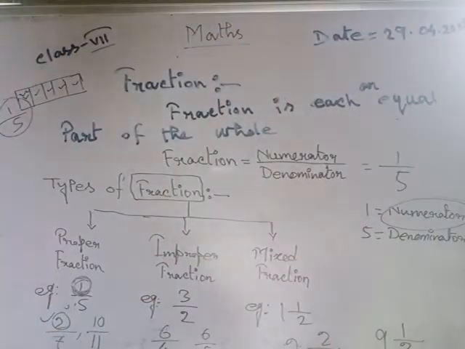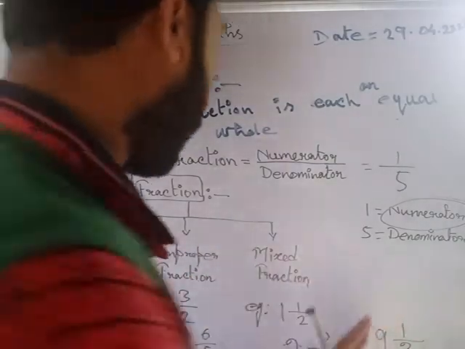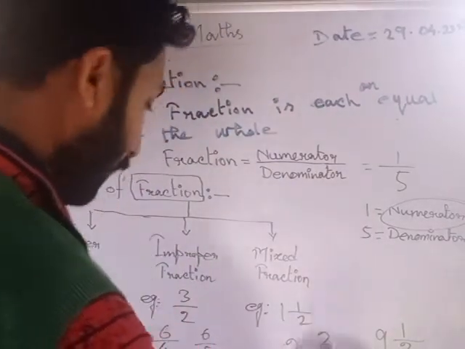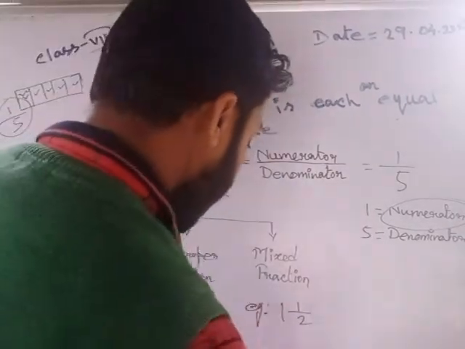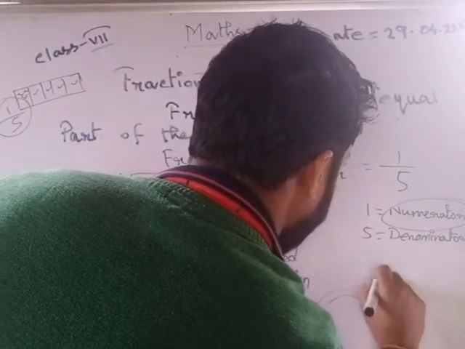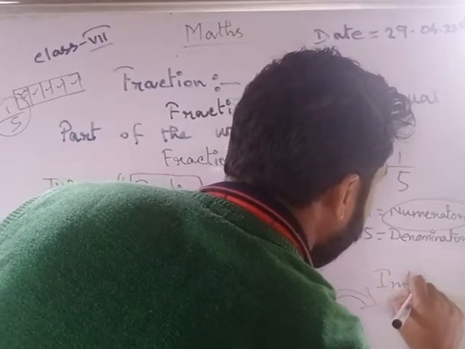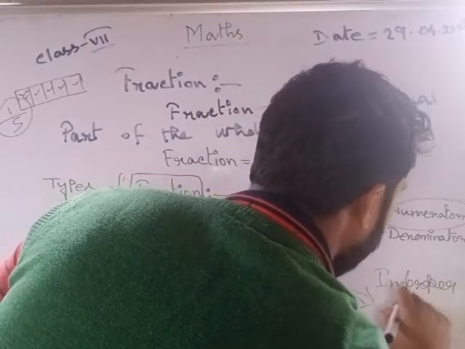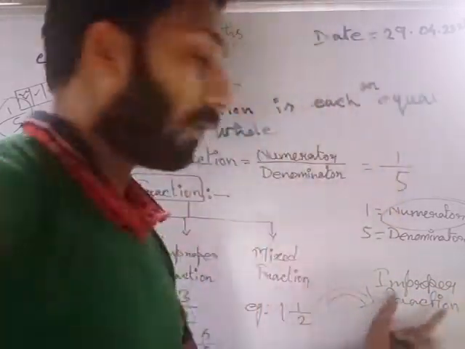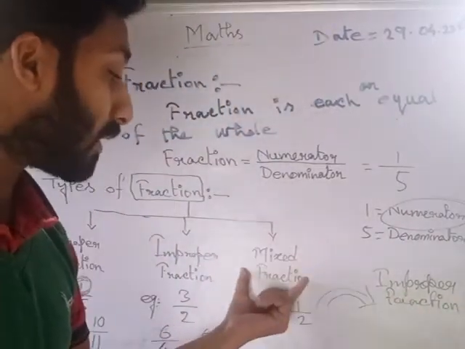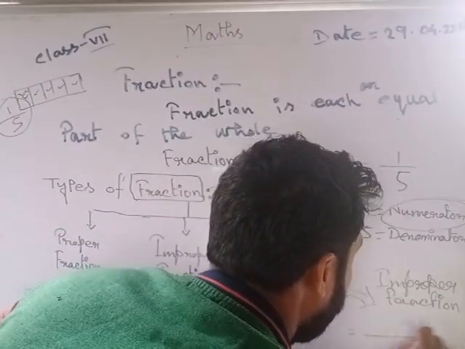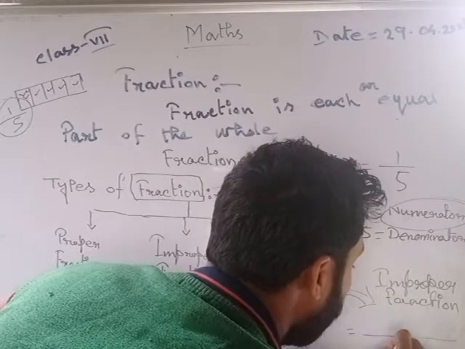Now we will know how to convert a mixed fraction into an improper fraction. Suppose it is 1 and 1/2. How to convert it into an improper fraction? At first we write the denominator, which is 2.